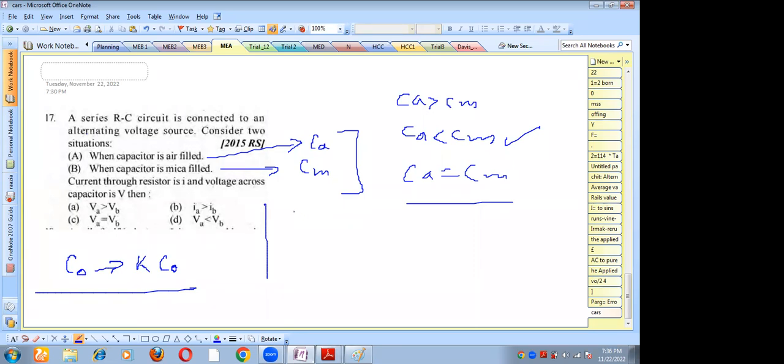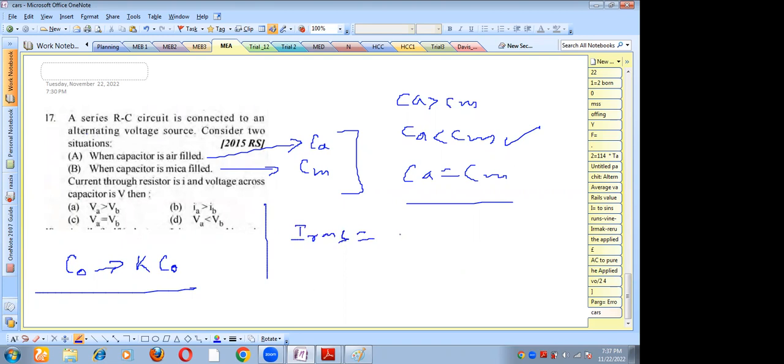The current through the resistor is I and voltage across the capacitor is V. So we have to compare whether VA will be greater than VB or what. We know that IRMS. What is IRMS? If nothing is given, we will assume that IRMS is I.